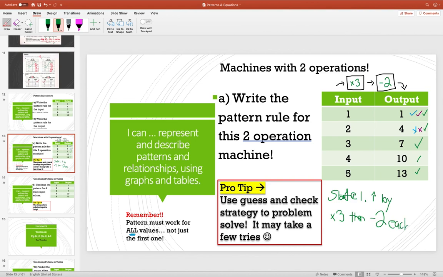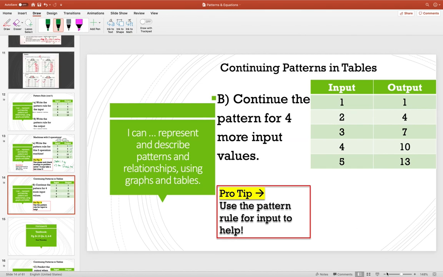Because we're not just doing it once, we're doing it for each of them. Okay, there we go. So that is that example. Hopefully you have written that down. We're gonna do another one.